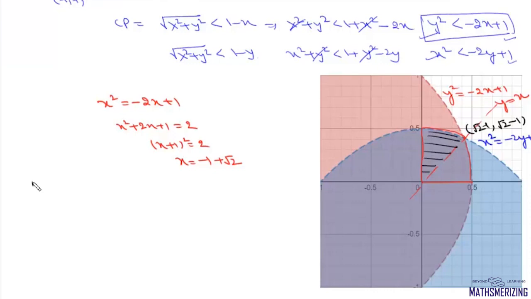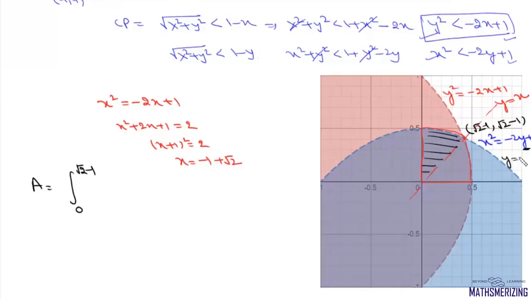So the area of this shaded region is given by this integral from 0 to root 2 minus 1, then y of upper curve. Now y of upper curve in this case is 1 minus x square upon 2.